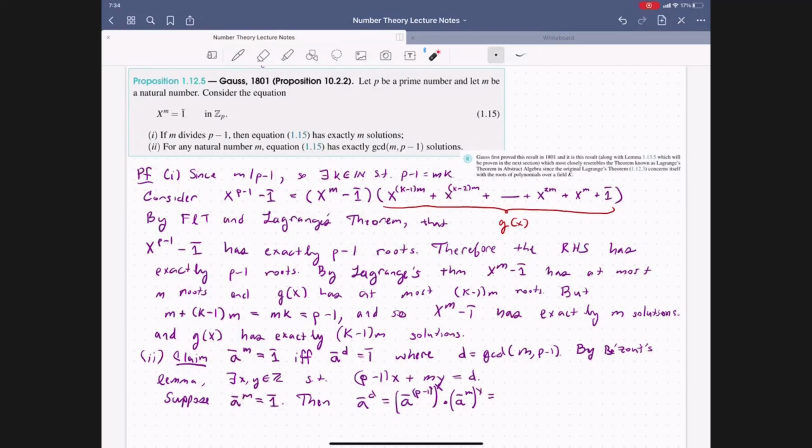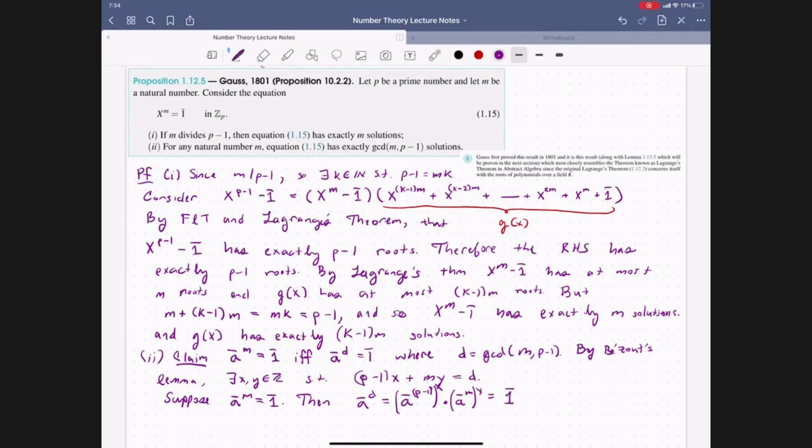So a bar has a multiplicative inverse, and therefore a bar to the p minus 1, since a bar has to be non-zero, is equal to 1 bar by Fermat's little theorem.